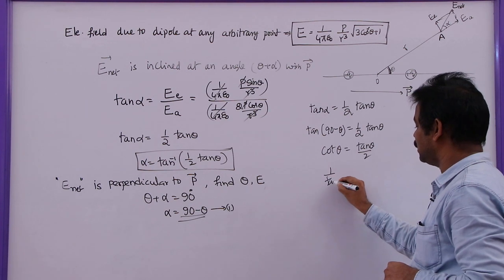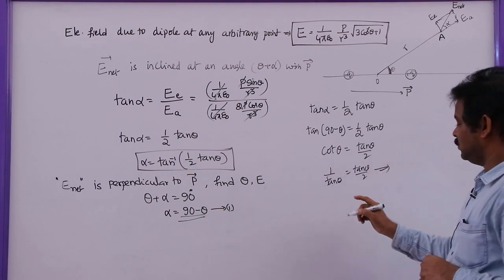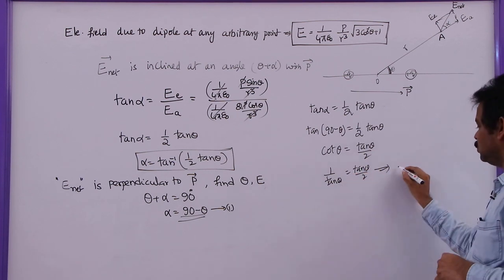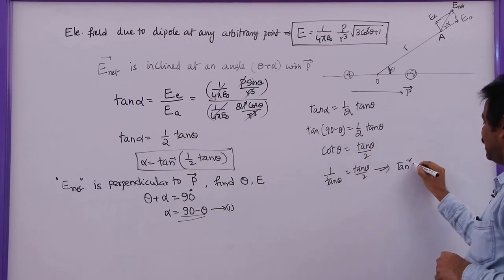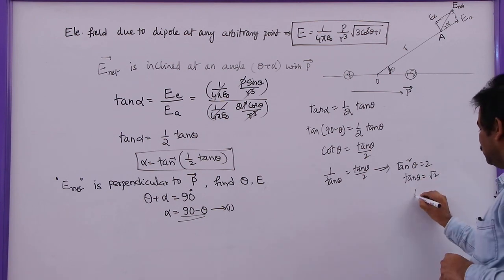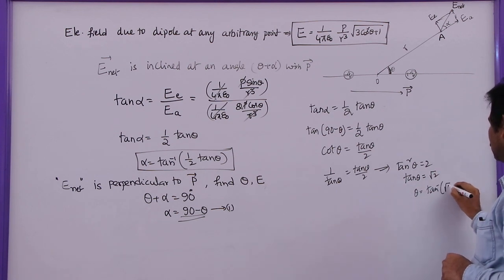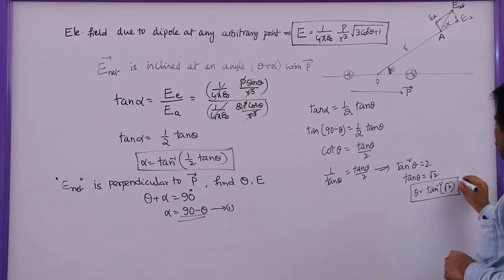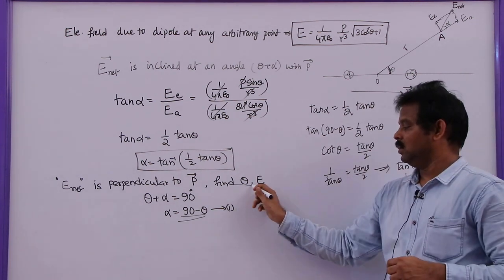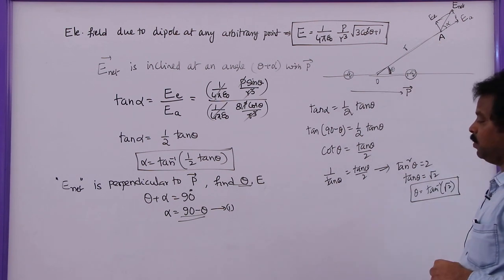Cot theta is 1 by tan theta, which is equal to tan theta by 2. Cross multiplying these two, you will get tan square theta is equal to 2, or tan theta is equal to root 2, and theta is equal to tan inverse root 2. So this is how we can find out the angle made by this position vector with the dipole moment.